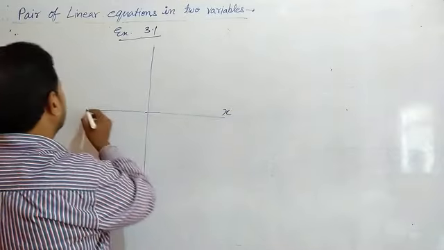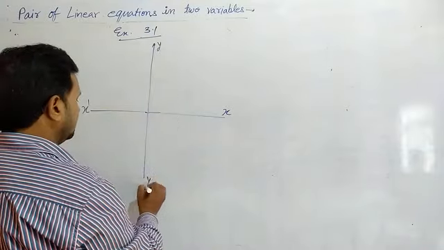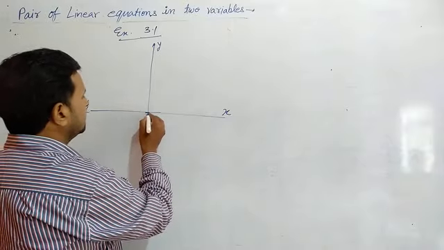This is the x-axis, x dash. This is the y-axis, and here is y dash. See, here is the origin point.